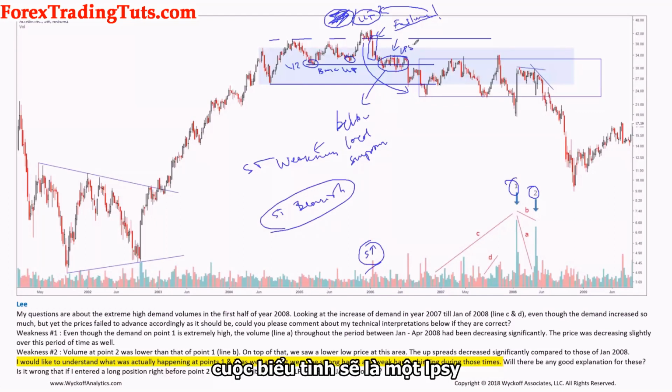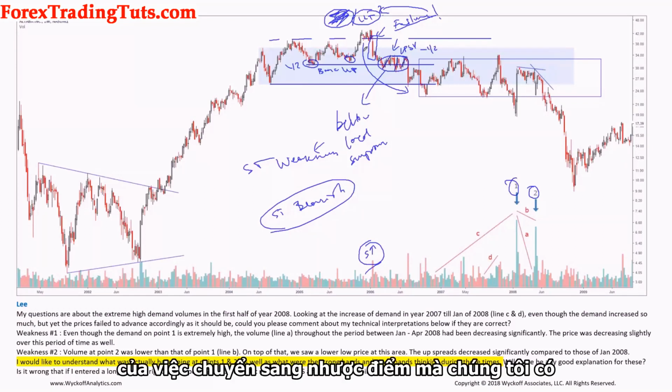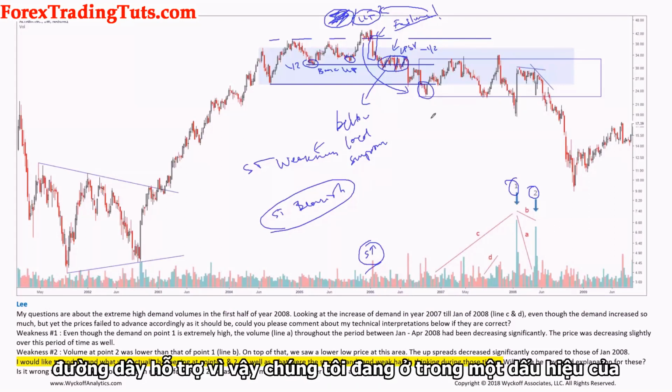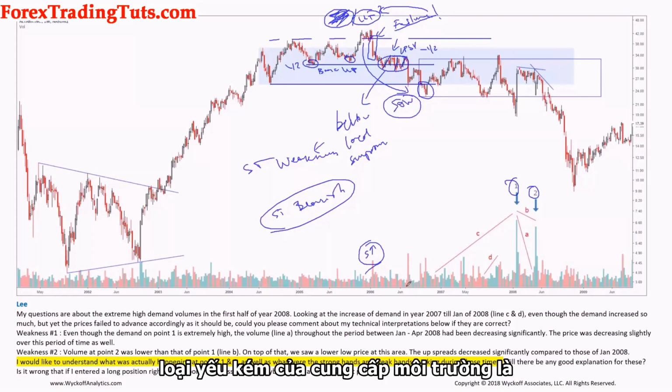The rally, which is going to be an LPSY rally here in the middle of the range, is very weak. It doesn't even come to 1/2 of the move to the downside that we've seen since the upthrust. So again, more weakness, and then a continuation of that weakness, and a slight commitment even below the previous support line. So we are in a sign of weakness type of environment.